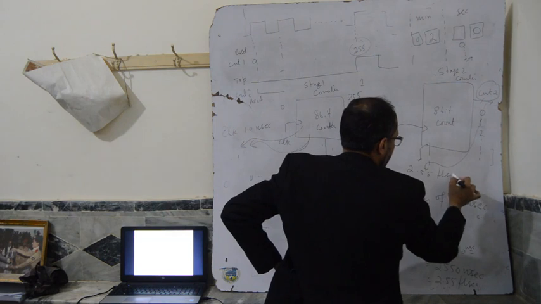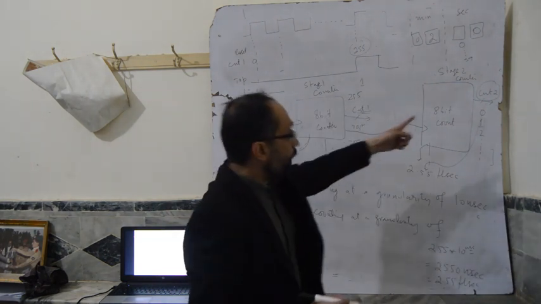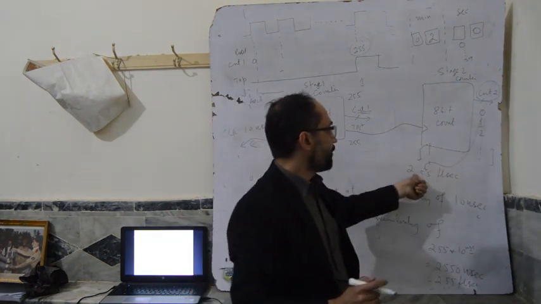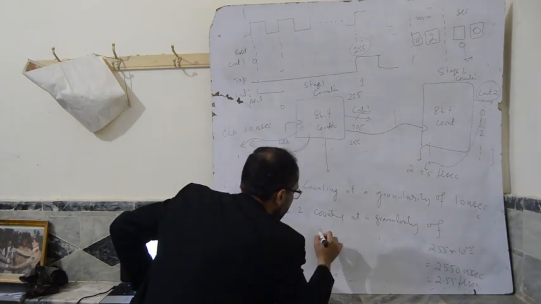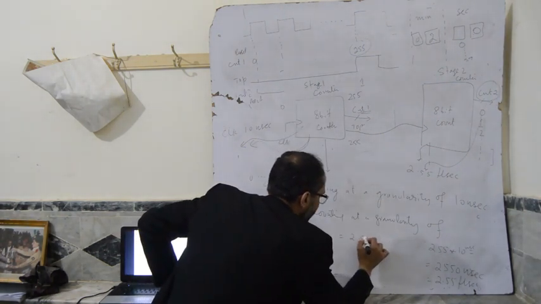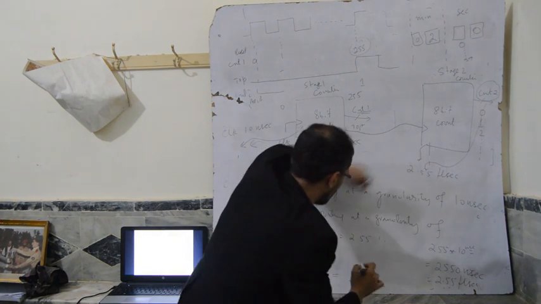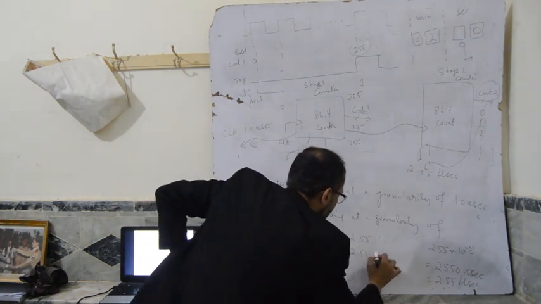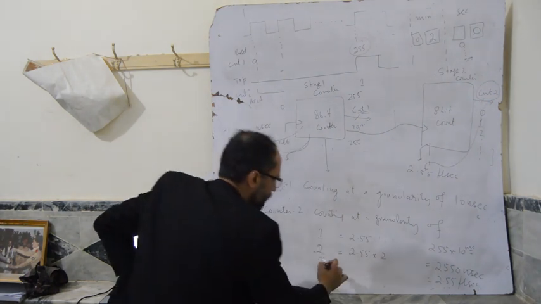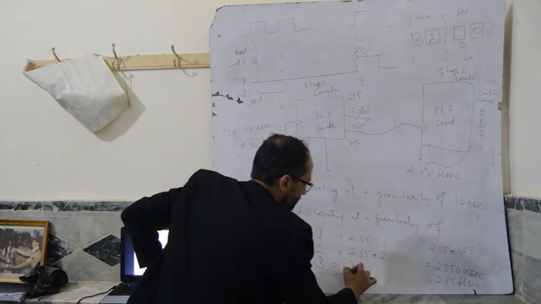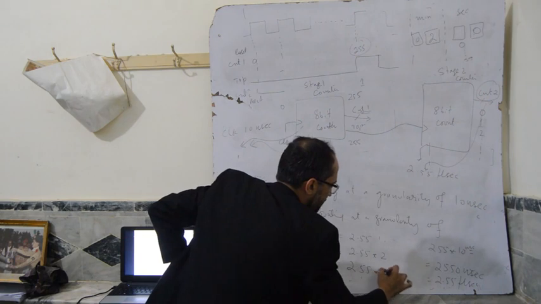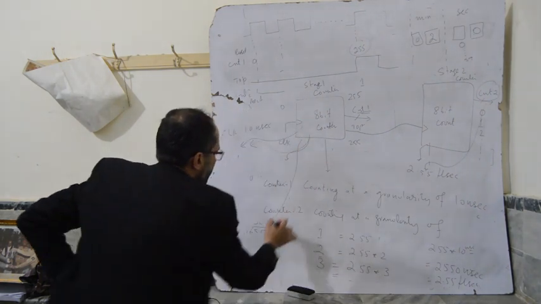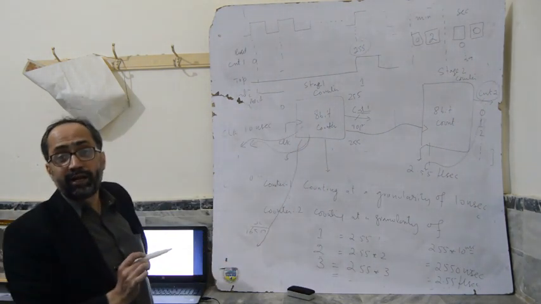So the second stage counter is counting at a granularity of 2.55 microsecond. If the count is 1, it will be 2.55. If the count is 2 for counter 2, it will be 2.55 multiplied by 2. If the count is 3, it will be 2.55 multiplied by 3. Similarly, count 1 is counting at a granularity of 10 nanoseconds.